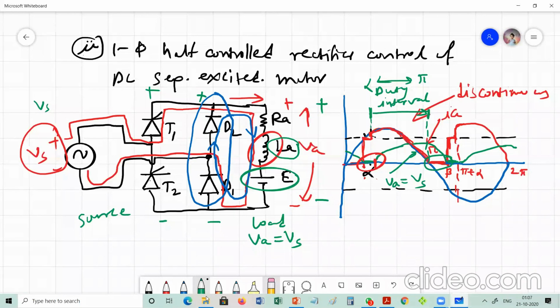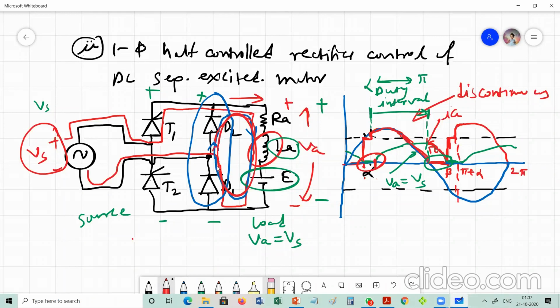But in that case also, if you observe here, the current is present. This is the waveform of current. This current is present because the current is freewheeling through these diodes D1 and D2.